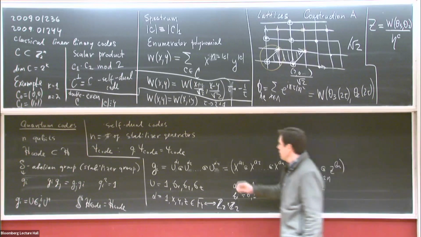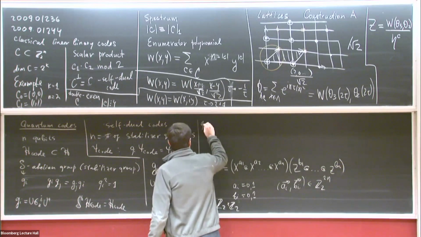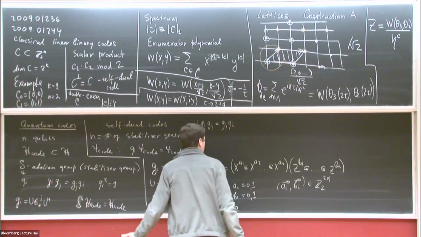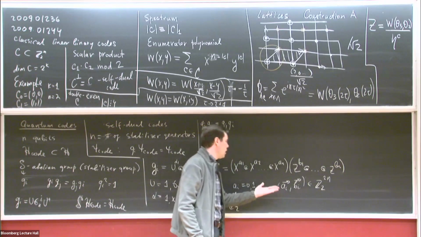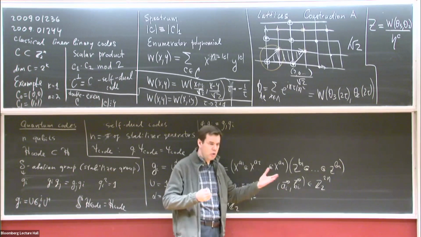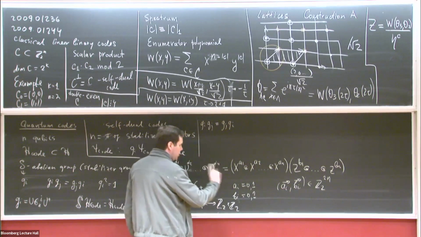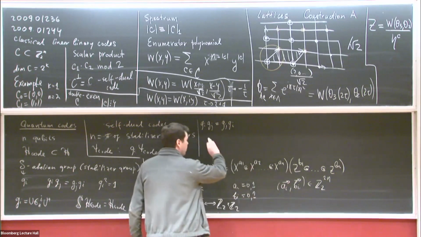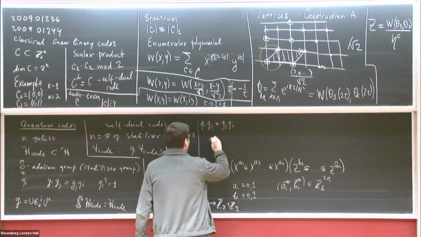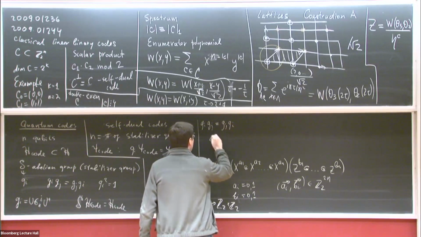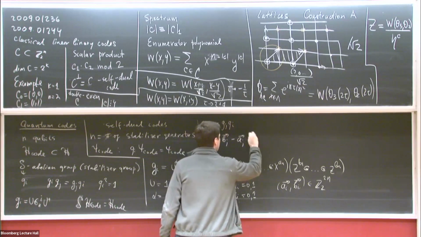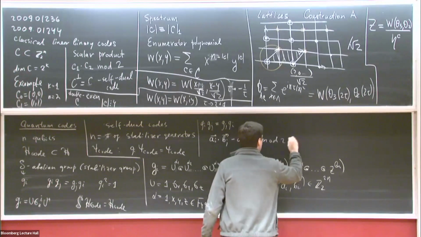To make this similarity explicit, I should say that all generators commute. That follows automatically because at the level of these vectors, that will be an addition operation, and addition is a commutative operation. But that's not entirely true. There actually will be a constraint, and the constraint will be of the following form: a_i multiplied by b_j minus a_j multiplied by b_i mod 2 should be equal to 0.